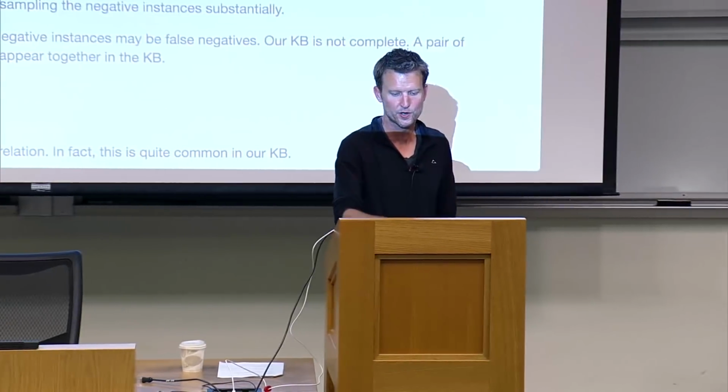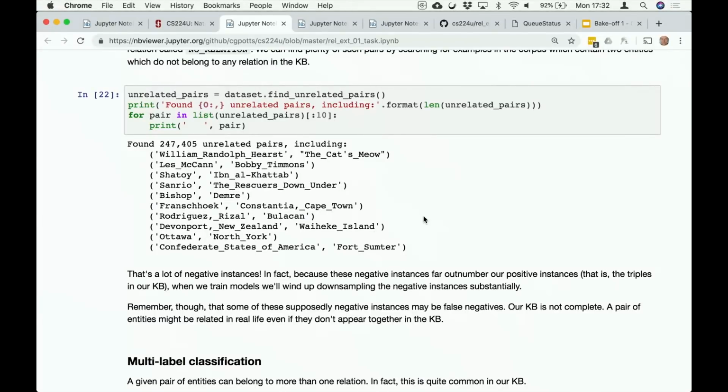And we've written some code that walks through and finds all of those unrelated pairs. And here's some examples. William Randolph Hearst, The Cat's Meow, Les McCann, Bobby Timmons, Chateau, Ibn al-Khattab. I don't even know what most of these things are, but they appeared together in a sentence somewhere, and yet, according to the knowledge base, they're not related. So we're going to use these as the negative examples for our classifier.